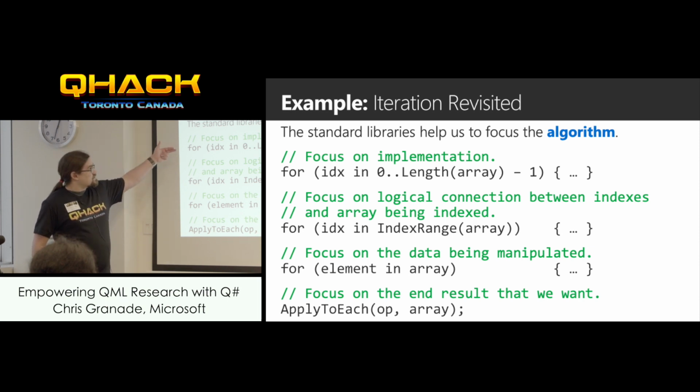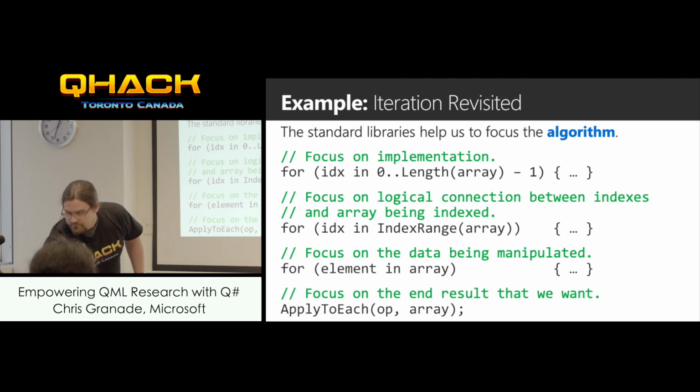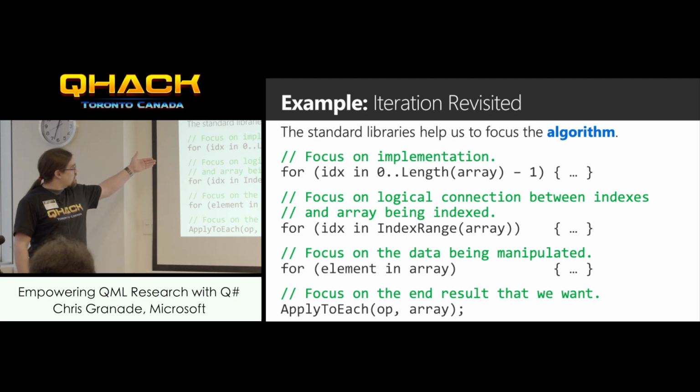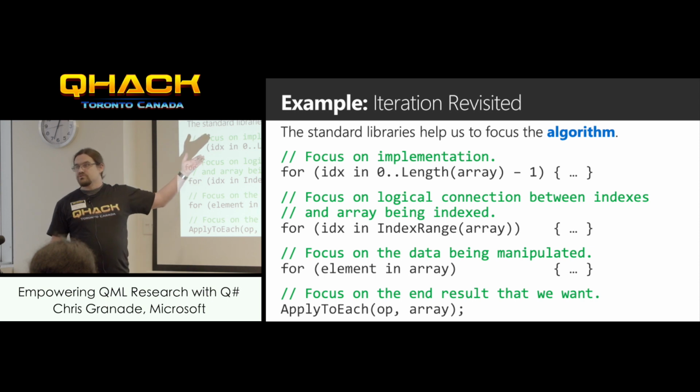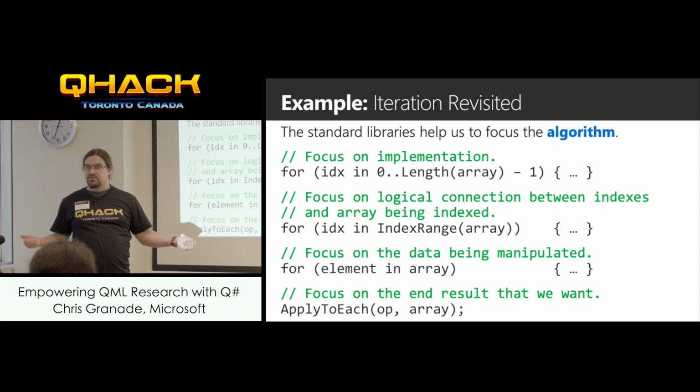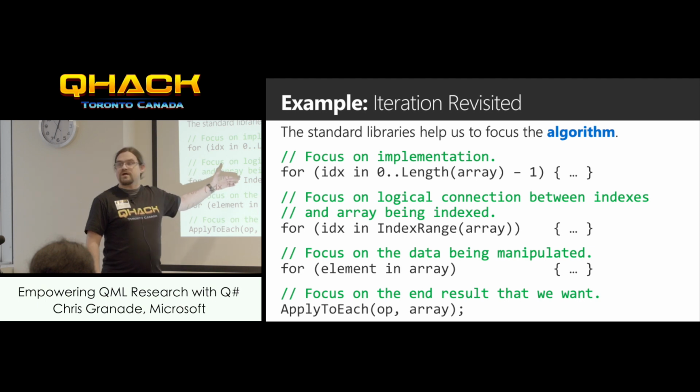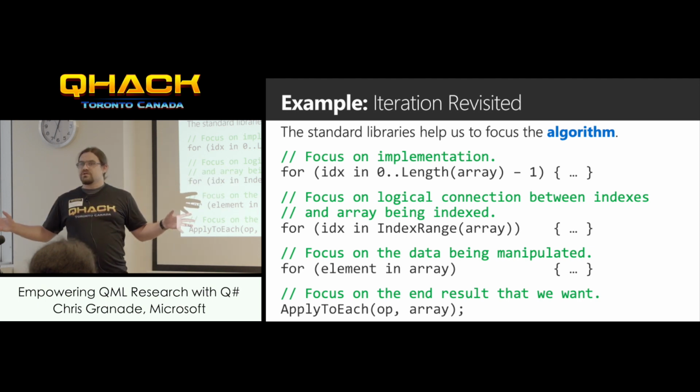So I might, for instance, write out a classical for loop in terms of indices that range over the length of an array, and then I do something with each of those indices. I might focus on the logical connection between those indices and that array by abstracting that away and just say, I don't care what the indices are, I just want the indices that match that array.